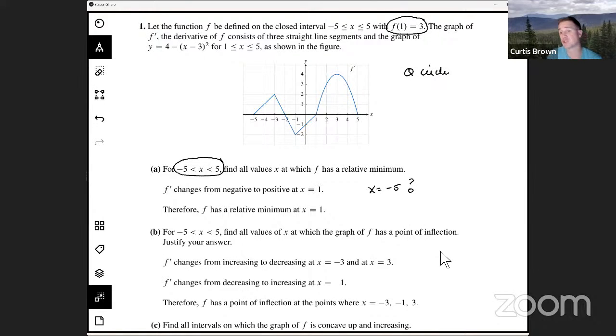And I suppose if you used the trace key and you ended up on a not included or not defined endpoint, so long as the function wasn't also defined elsewhere for that value of x, then it would just not return a y. But otherwise, there's no marking on the screen.